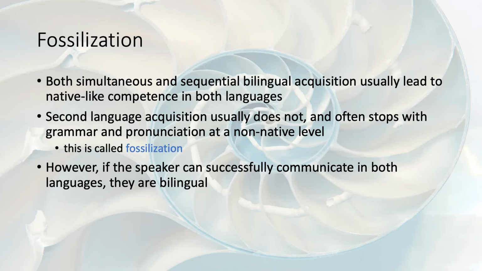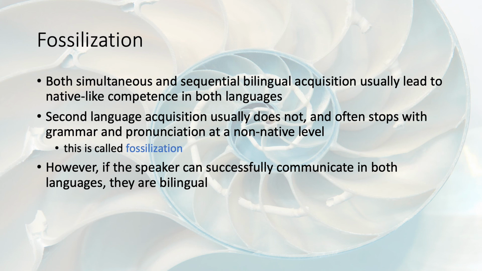And that's the biggest difference between simultaneous and sequential bilingual acquisition on the one hand and second language acquisition on the other: when both languages are acquired from early childhood, they usually lead to native-like competence.